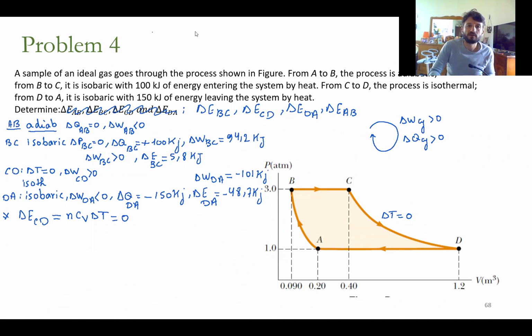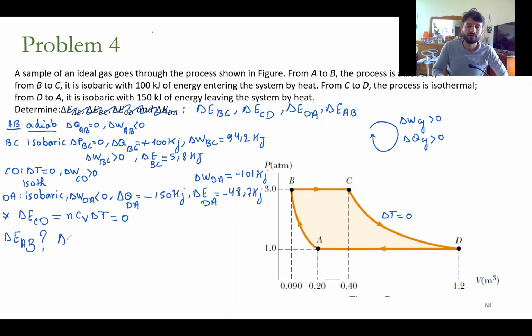The last one, we have to calculate delta E AB. Here we can go directly to the cycle.